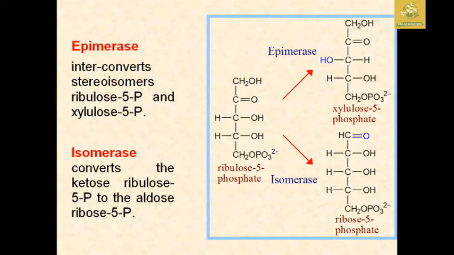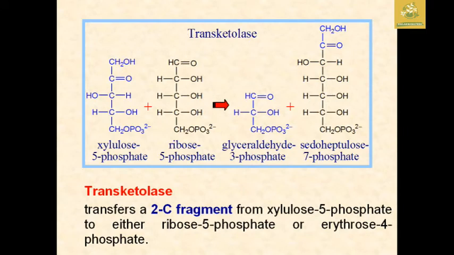Ribulose 5 phosphate is also converted to ribose 5 phosphate, which is known as isomerase, where the carbon compounds change. And the xylulose and the ribose 5 phosphate even go for a transketolase process.